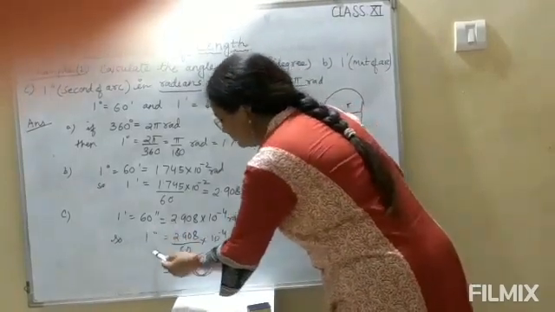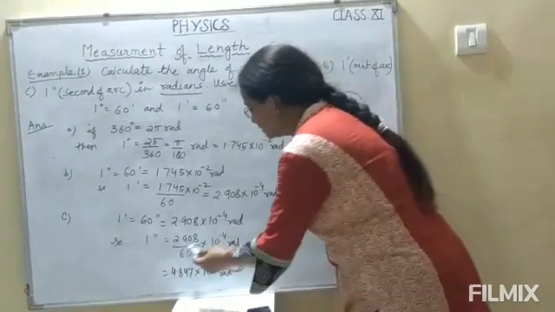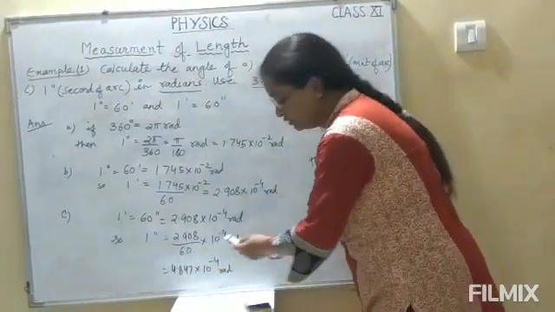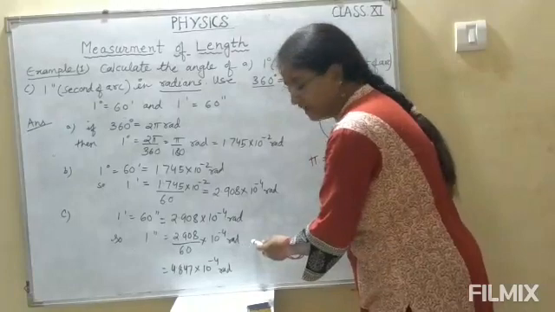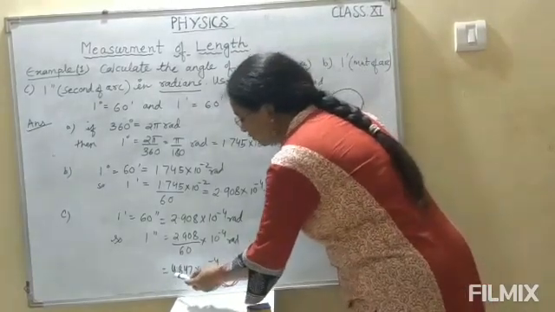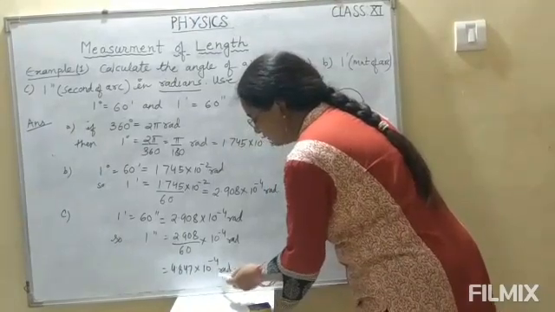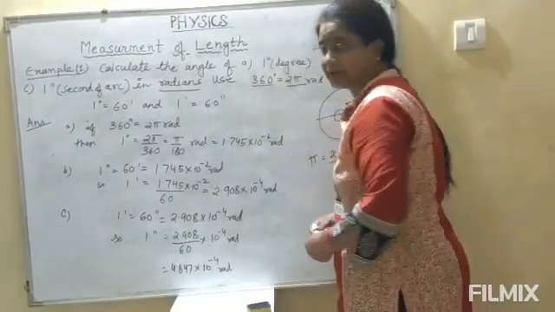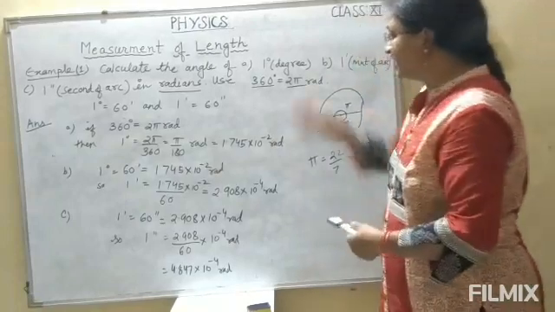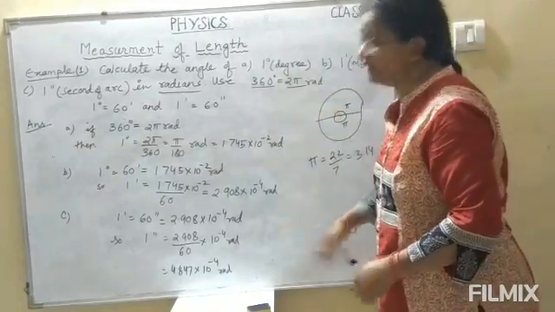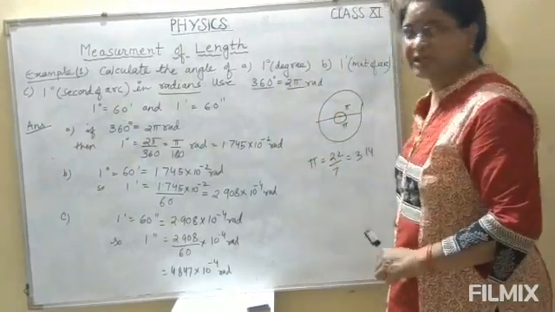So 1 second will be equal to 2.908 upon 60 into 10 raised to power minus 4 radian, that is equal to 4.847 into 10 raised to power minus 6 radian. Okay, my dear student, these values we can use in other numericals also. Understood?